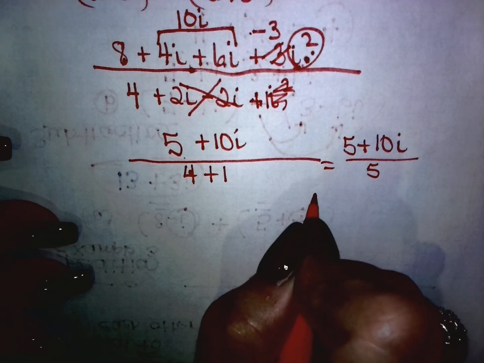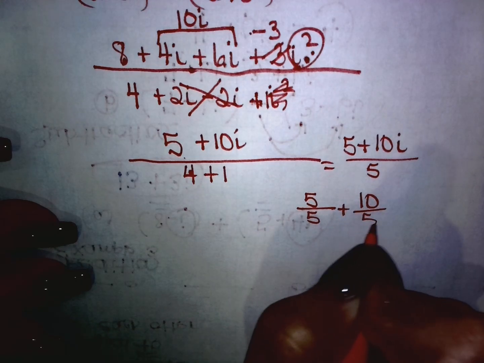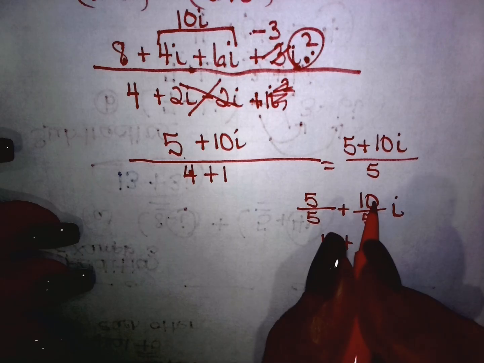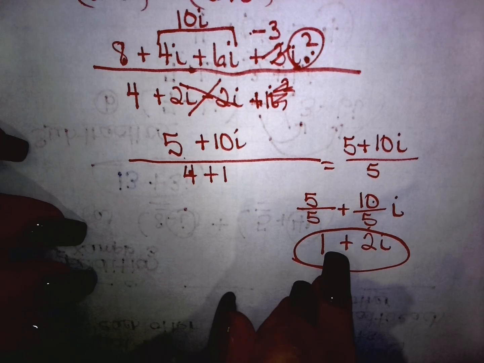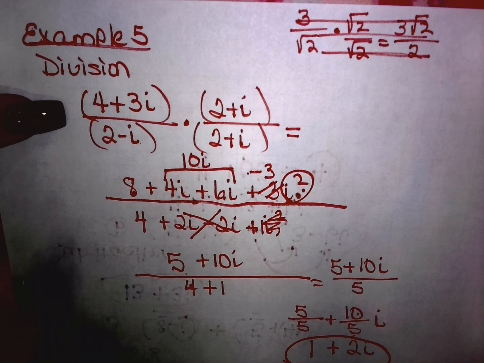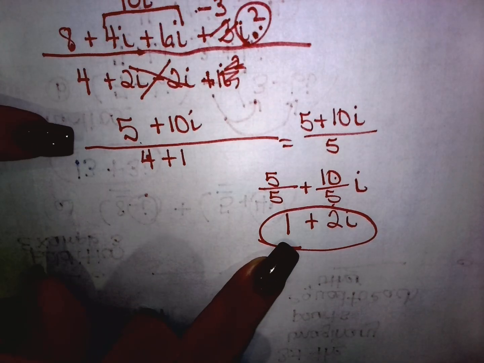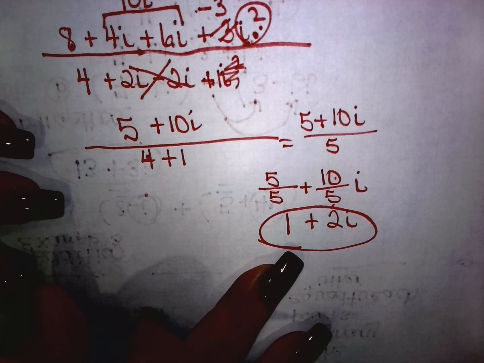And we can simplify that. 5 over 5 plus 10 over 5 i. 5 over 5 is just 1. 10 divided by 5 is 2. So this is your final answer, and it is the answer of when you divide these two guys, you're going to get this complex number as an answer.